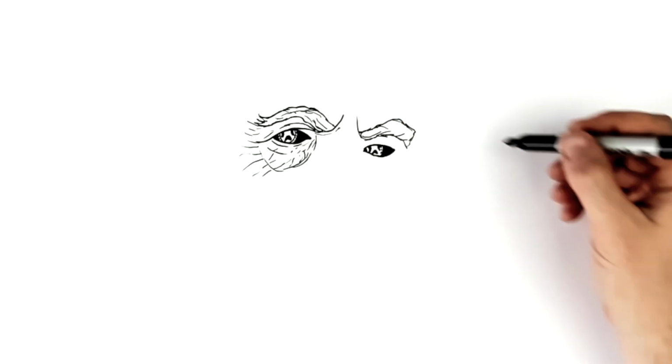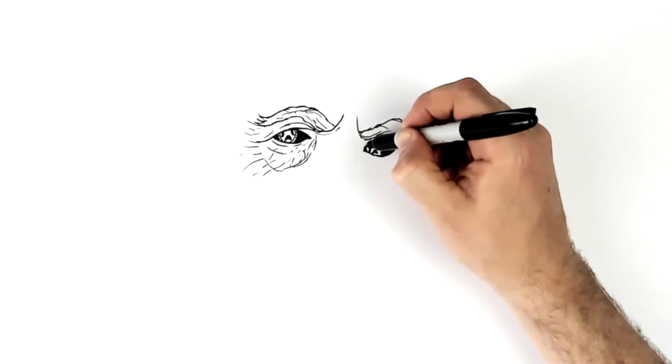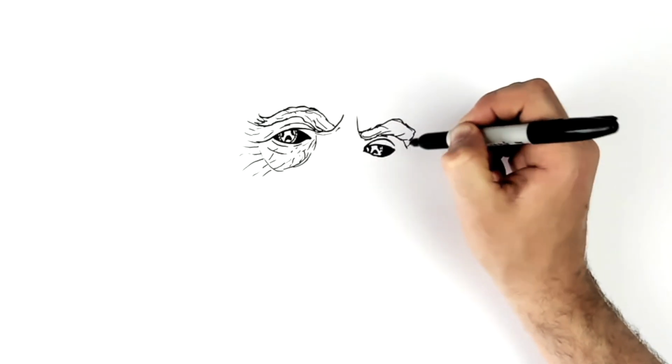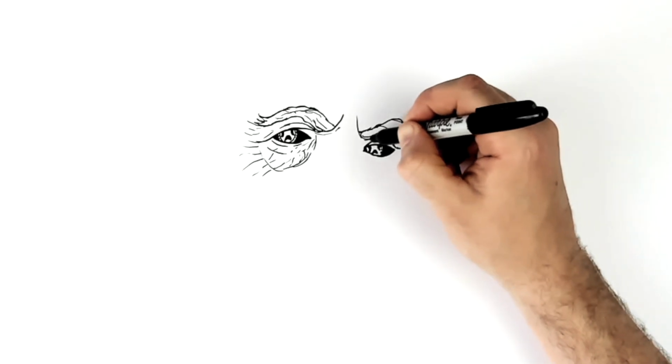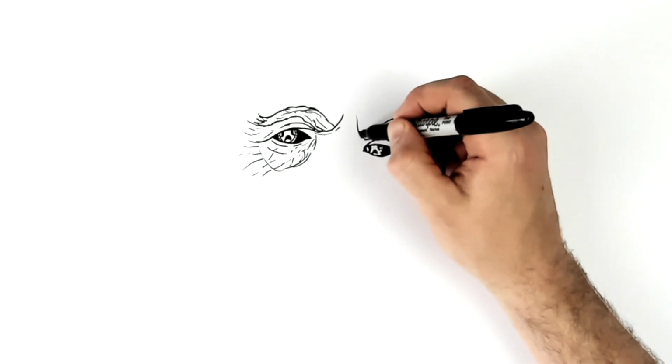Right, kind of like that. So then eyelid line, up and down here, with lots of wrinkles then on the corner of his brow.